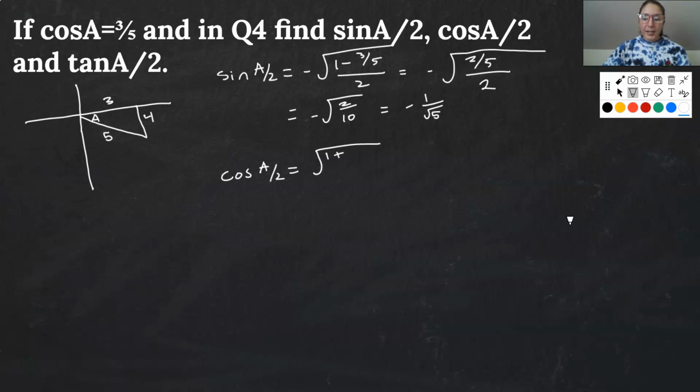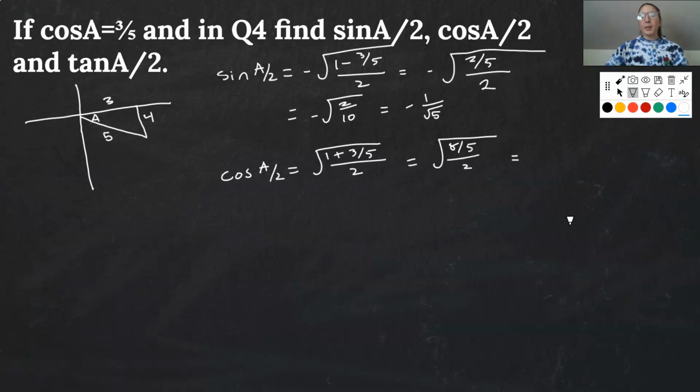So I use the positive version, which is the square root of 1 plus cosine A, over 2. Now I need to simplify. 1, again, I'm going to turn into 5 over 5. 5 over 5 plus 3 over 5 gives me 8 over 5. All this divided by 2.